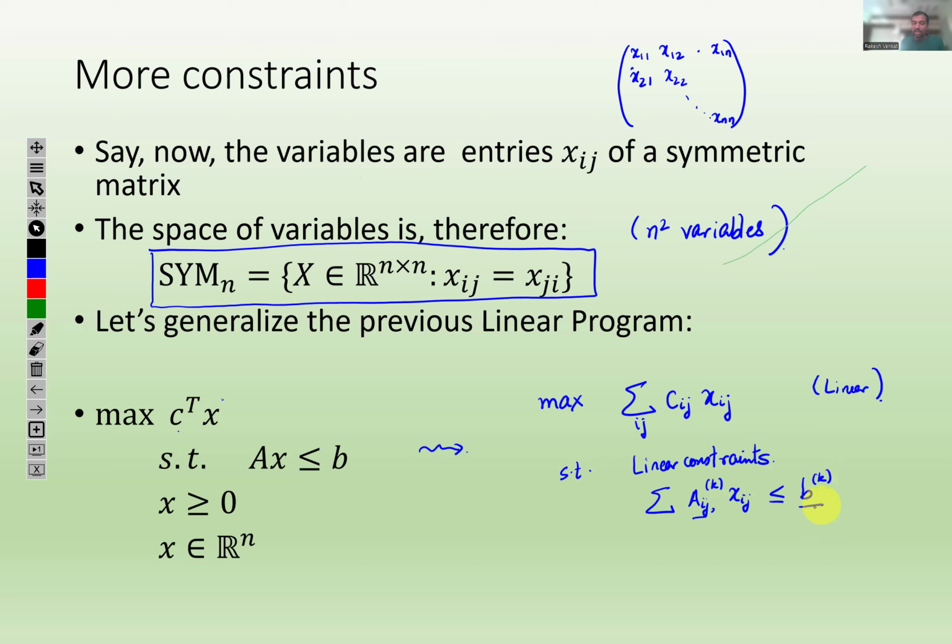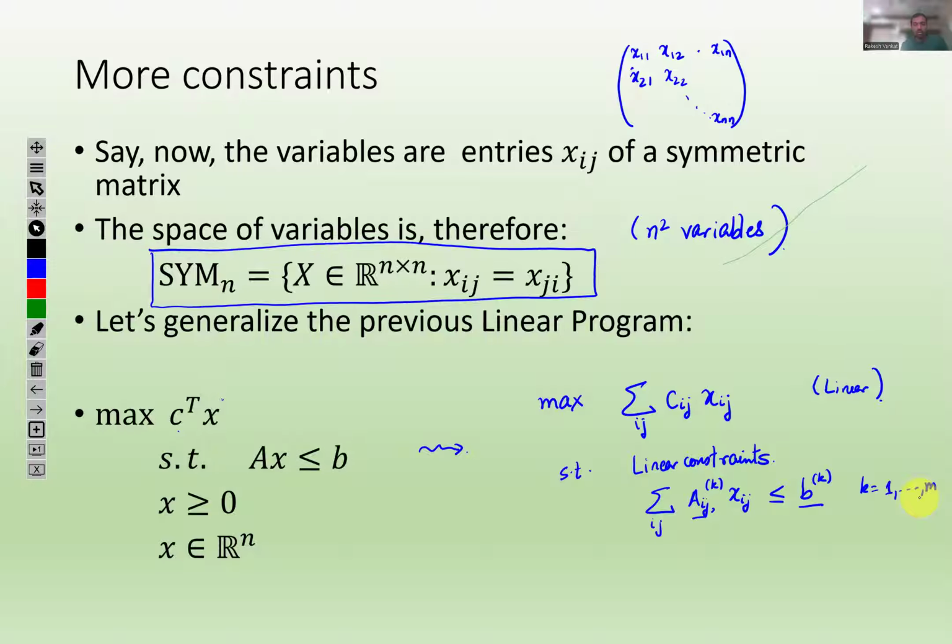All of these are scalars over here. So I'm just taking linear combinations of the xij's and constraining them in some way, the same as what we did for linear programs. There's no difference. Until now, this is also a linear program in the variables xij's. For k being, maybe I have m linear constraints as before. I can keep this also in a similar form.